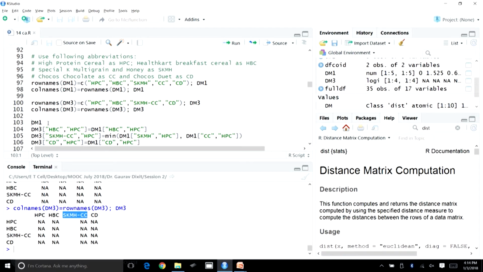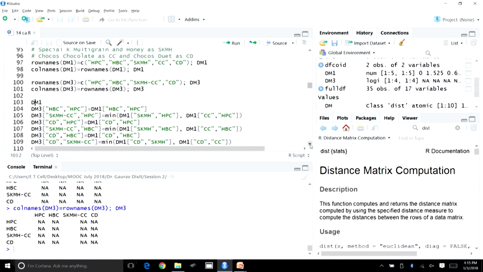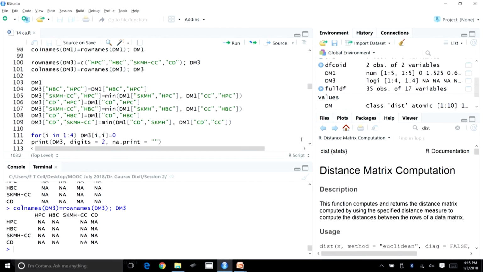Now what we need to do is find the distances between these clusters. Some of these distances can be directly taken from the 5 cross 5 matrix. For other distances, we need to see, in the cluster SKMH-CC, there are two observations, one is SKMH, the other one is CC.